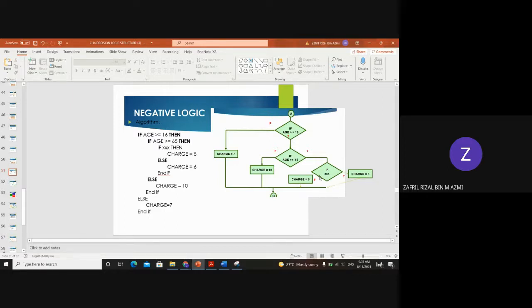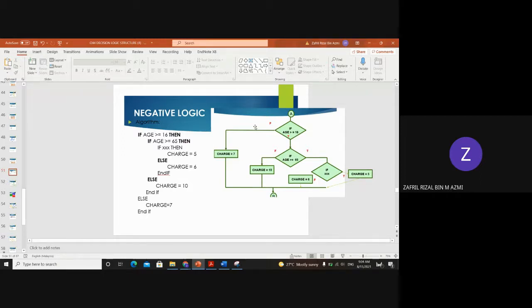Okay, so this is how you write negative logic structure, which somehow for me it's quite confusing. So don't have to use it. Okay, same like straight to logic. If you can avoid, please avoid using this one unless the question specifically asks you to use negative logic structure.